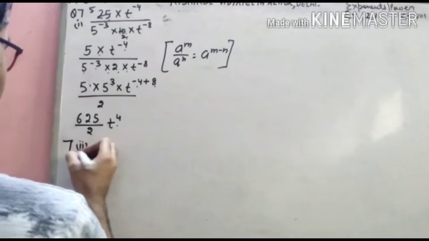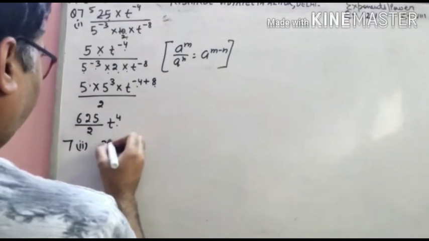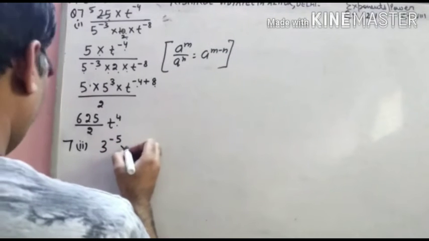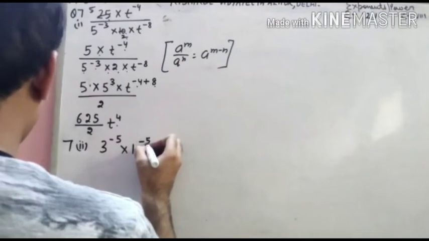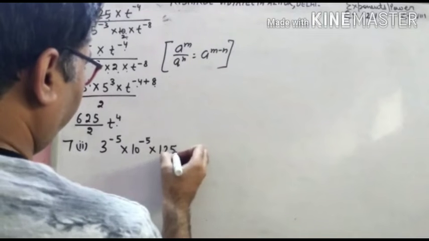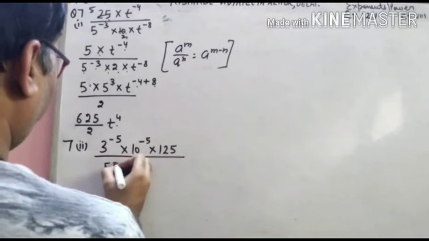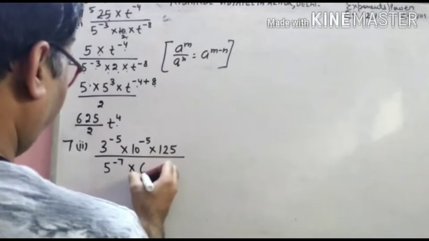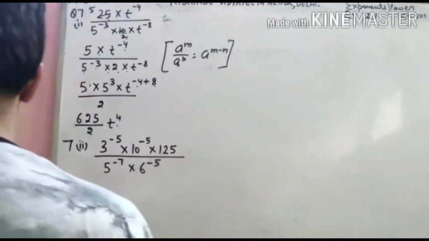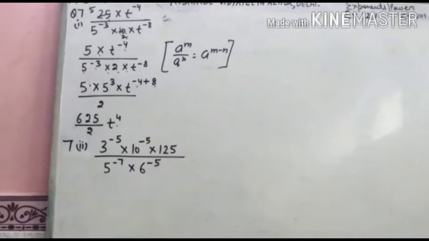Now this one is the seventh question, second part: 3 raised to power minus 5 into 10 raised to power minus 5 into 125, upon 5 raised to power minus 7 into 6 raised to power minus 5. How can we do it?